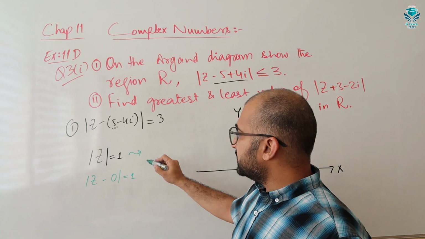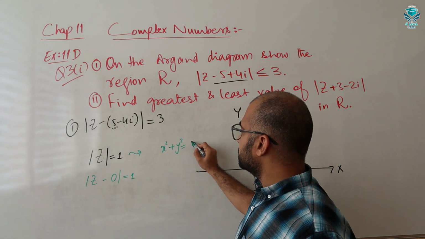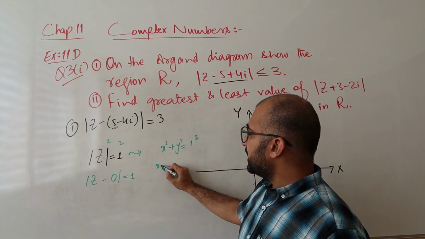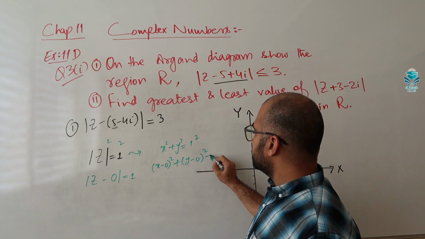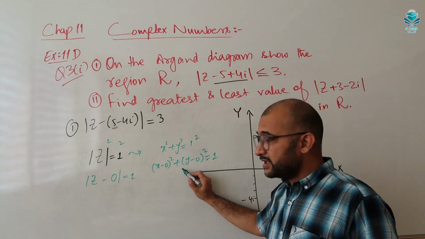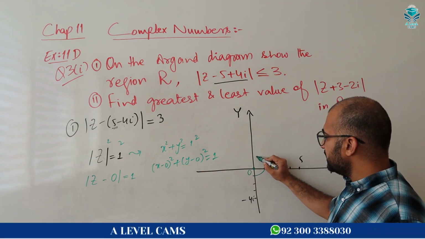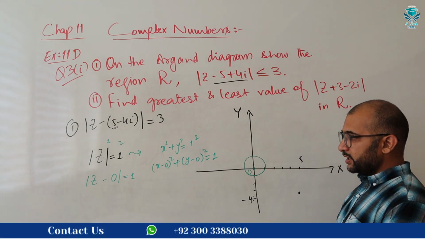If you explain it further, x square plus y square is equal to 1 square, squaring both sides. So you can write it as x minus 0 square plus y minus 0 square is 1. So you can see that it is the equation of a circle centered at 0. This is your 0. So it is a unit circle of radius 1 at the origin.